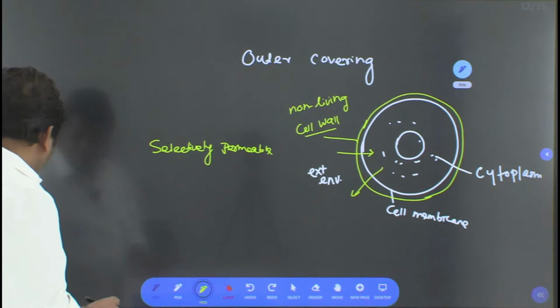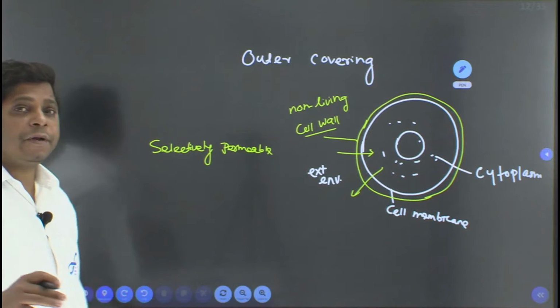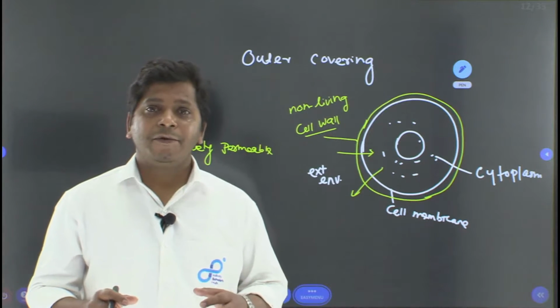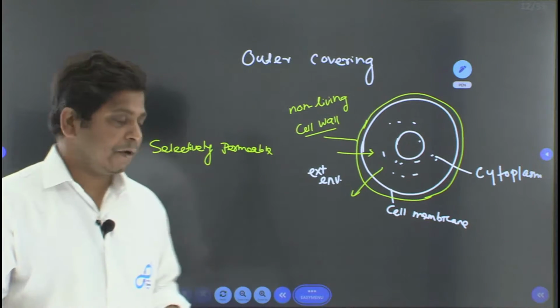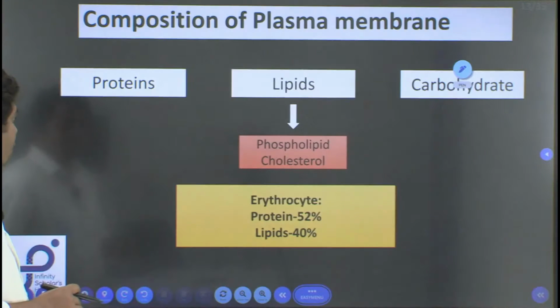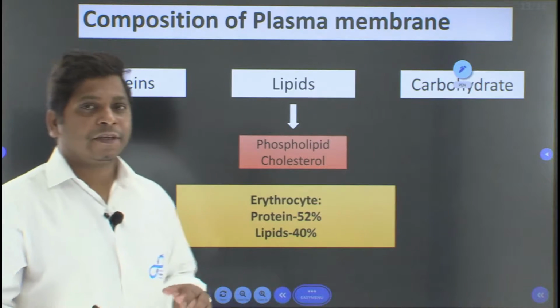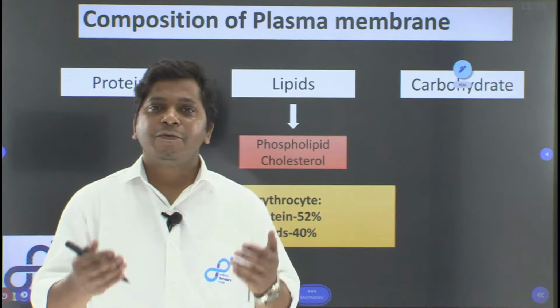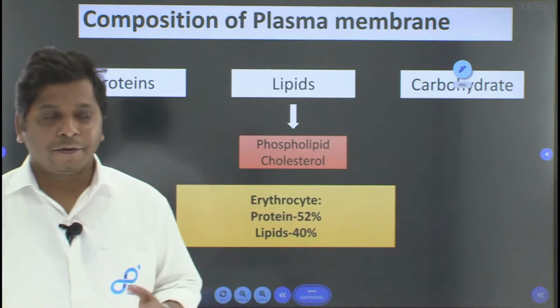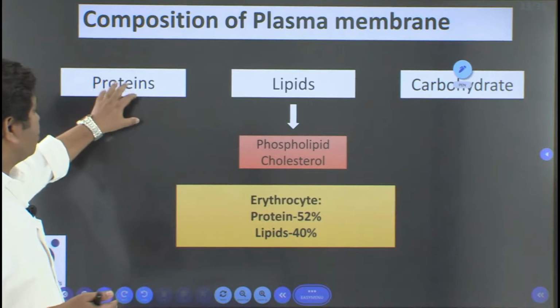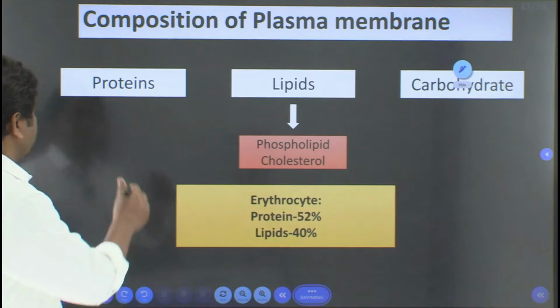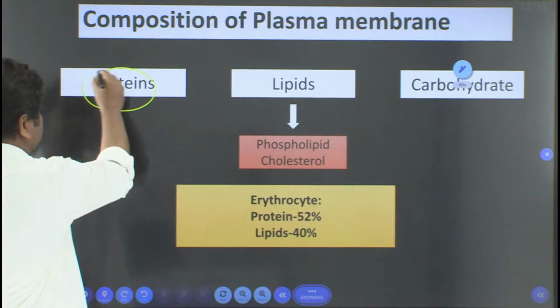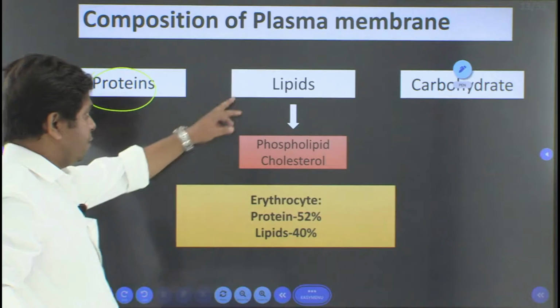Let us look at what the cell membrane is made up of. What are the constituents of the cell membrane? If we look chemically, the cell membrane is made up of 3 or 4 different kinds of molecules. One group of molecules is called proteins. The other one is lipid.